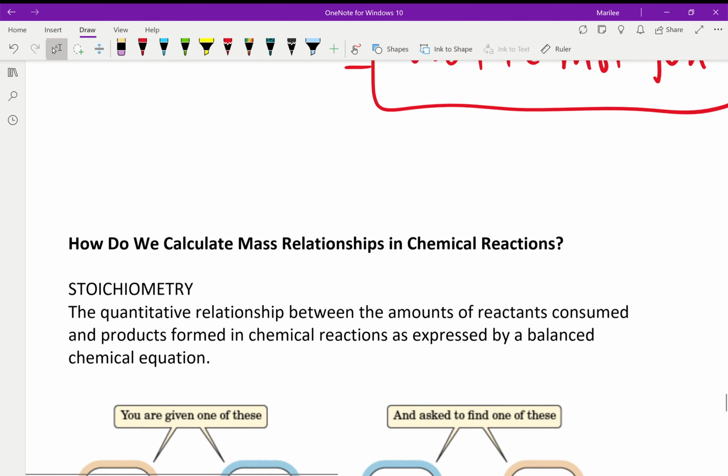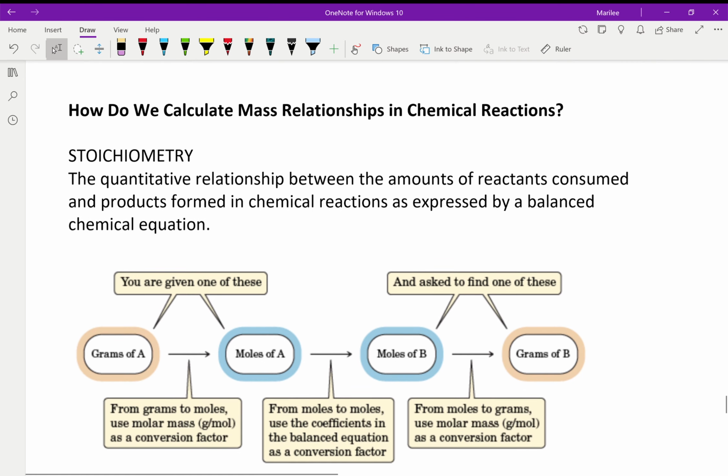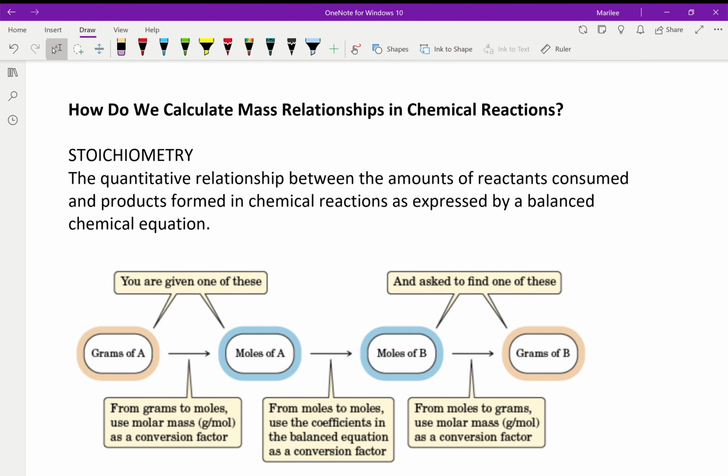Next, how do we calculate mass relationships in chemical reactions? We have to go over stoichiometry. Stoichiometry is the quantitative relationship between the amounts of reactants consumed and products formed in a chemical reaction as expressed by the balanced chemical equation. So remember how I did that problem where I did trial and error figuring out the left side has to equal the right side?